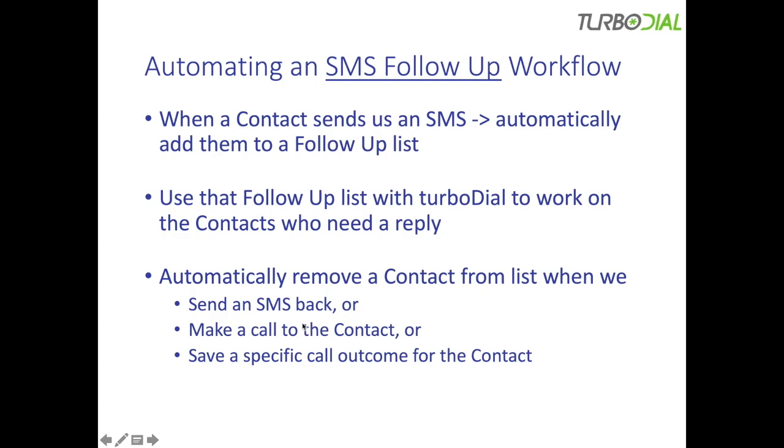Either we send them an SMS back, or we make a call back to that contact, or we decide that we're going to follow up in a different way, and so we save a specific call outcome for that contact. So they send us an SMS, they get automatically added to a list. We sit down and we work on that list with turboDial, and then they're automatically removed from that list once we have followed up with them. That's the story for our workflow.